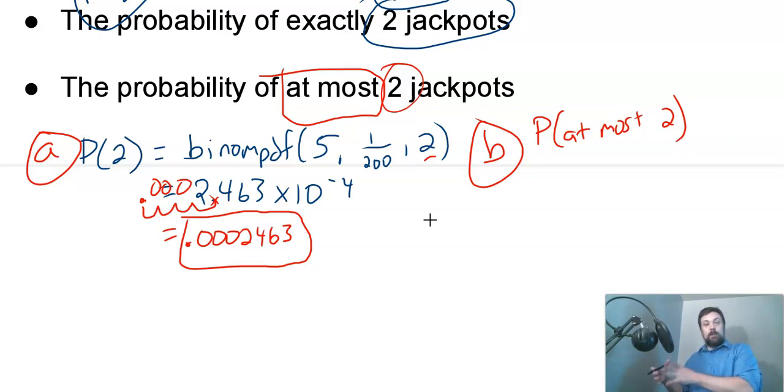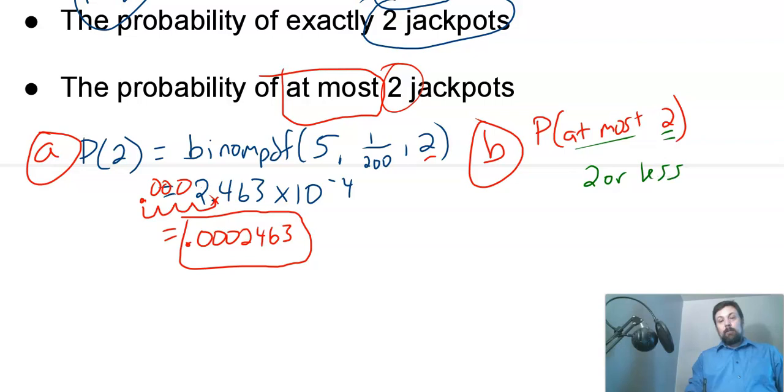The most they could be is 12 years old, but younger than that, they also get the kids' pricing, right? So at most 2 means the most jackpots you're interested in is getting 2, but less is okay as well. So at most 2 means 2 or less. All right, so at most is whatever that number is or less than that number.